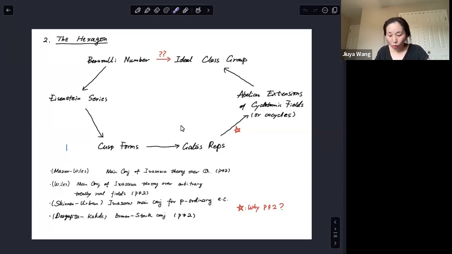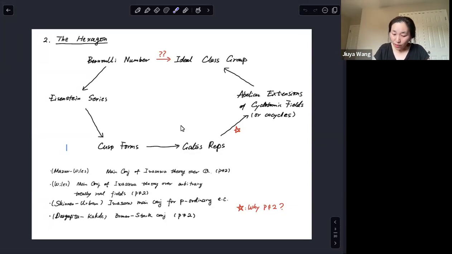And now with the Galois representation in hand, we can extract algebraic information to show something non-trivial about the algebraic object on the other side of this problem. So usually the question is to show that the algebraic object is big, so that you can prove the direction where the analytic side implies the algebraic side.